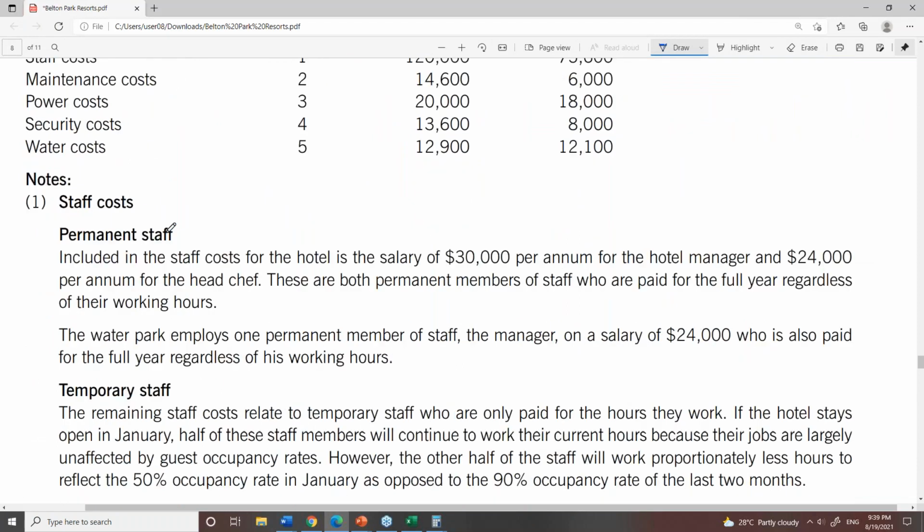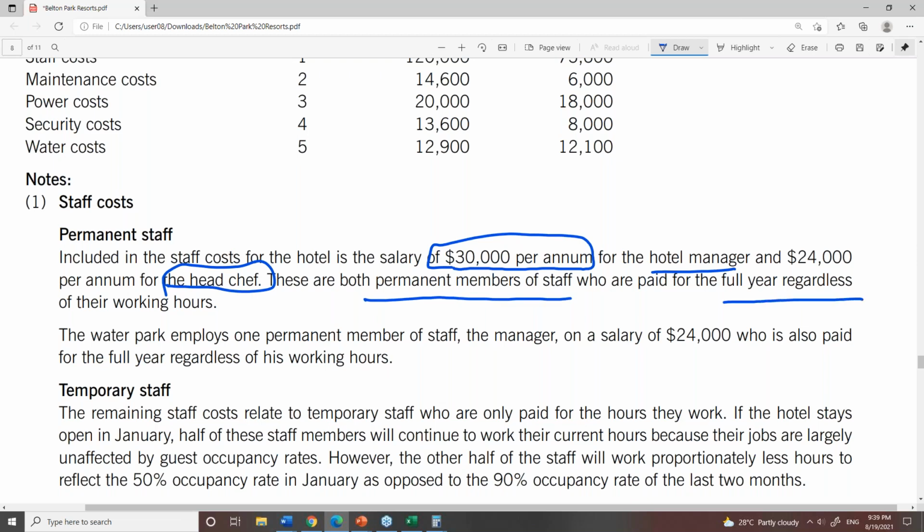Included in the staff cost for the hotel is the salary of 30,000 per annum for the hotel manager, and 20,000 per annum for the head chef. Okay, getting my point? These are both permanent members of the staff who are paid for the full year regardless of their working hours. So friends, what do you think about this one?